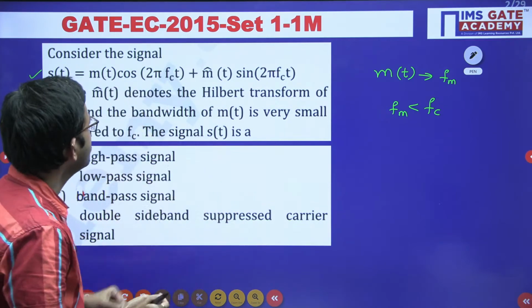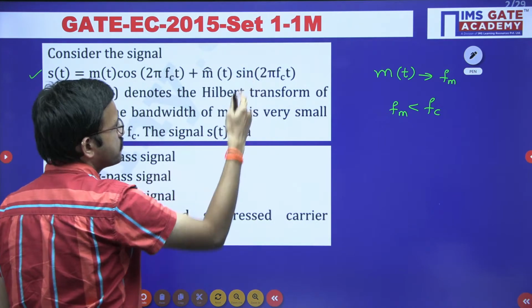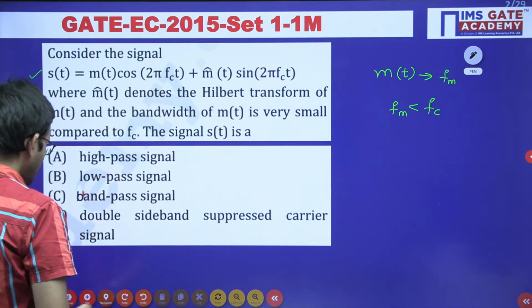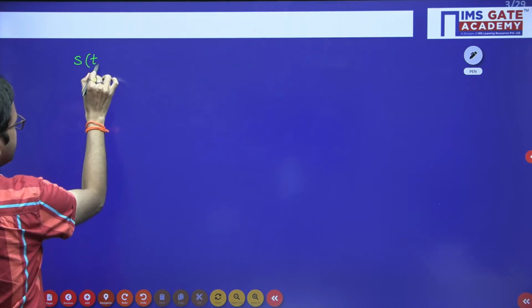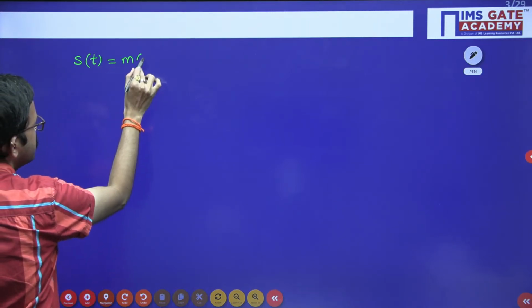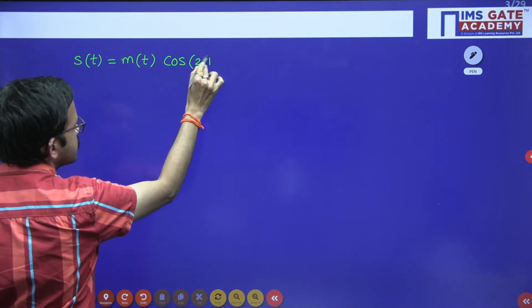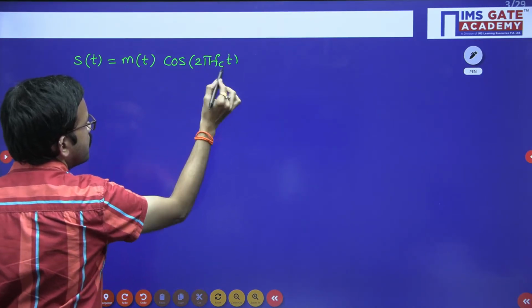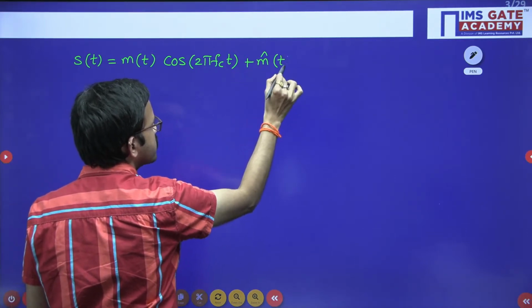Okay, but here you are having m of t cos 2 pi f ct plus m cap of t sin 2 pi f ct. If you carefully observe, so I am writing the given expression S of t equal to m of t into cos 2 pi f ct plus m cap of t into sin 2 pi f ct.